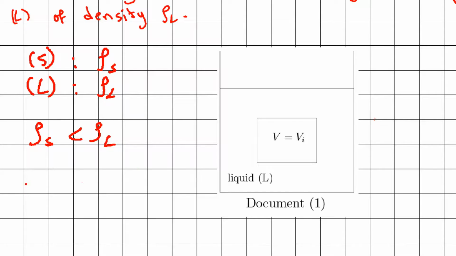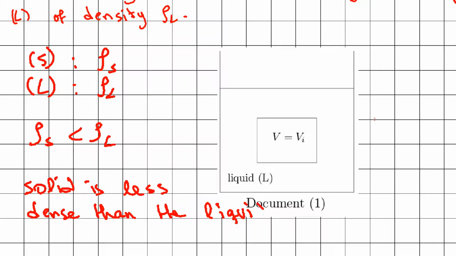In this case we say that the solid is less dense than the liquid, or in other words, though this is not strictly true, the liquid is heavier than the solid. So we expect that the solid S will float at the surface of the liquid.